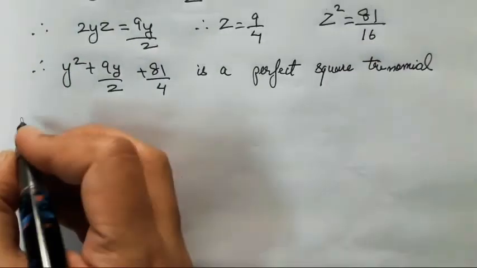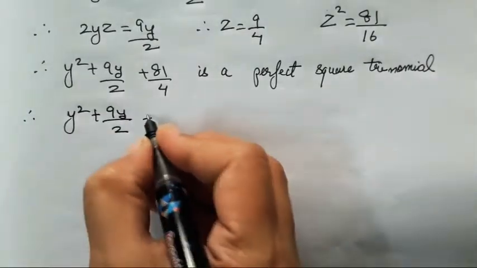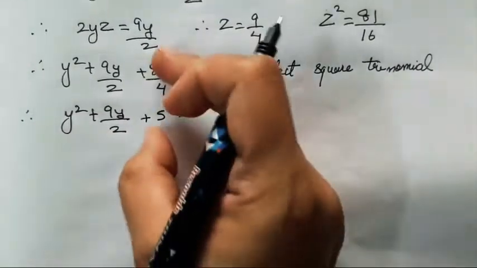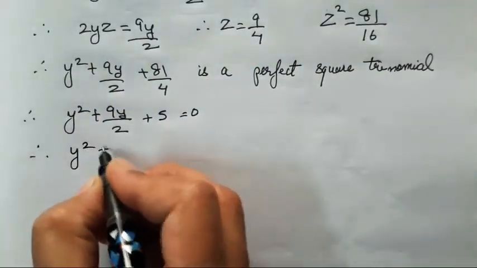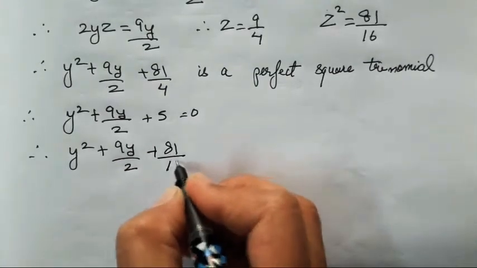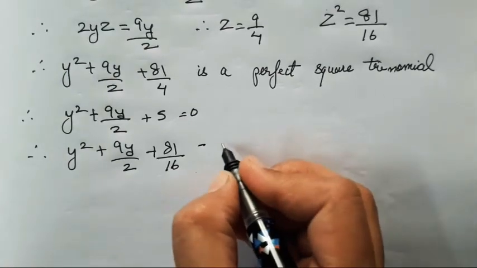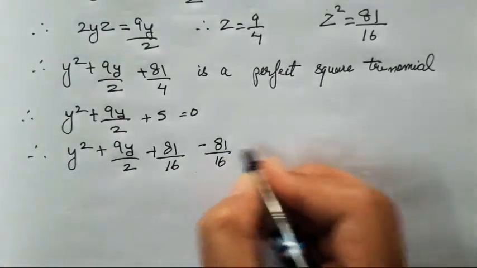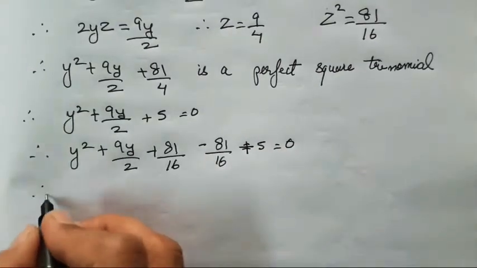After this, y square plus 9y upon 2 plus 5, this thing we have to mix, these two equations we have to mix them together. Y square plus 9y upon 2 plus 81 upon 16 minus 81 upon 16 plus 5, I forgot, is equal to 0.